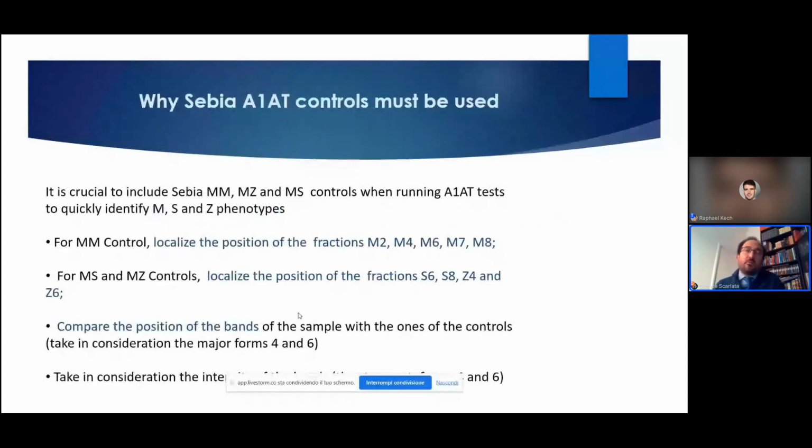I would start from a very important issue: to perform a correct analysis and interpretation of results, you should always use the controls provided by Sebia, which give you the controls for MM, MZ, and MS patterns, that give you a very, very reliable feedback on the position of the fractions M2, M4, M6, M7, and M8 that are very, very crucial for diagnosis.